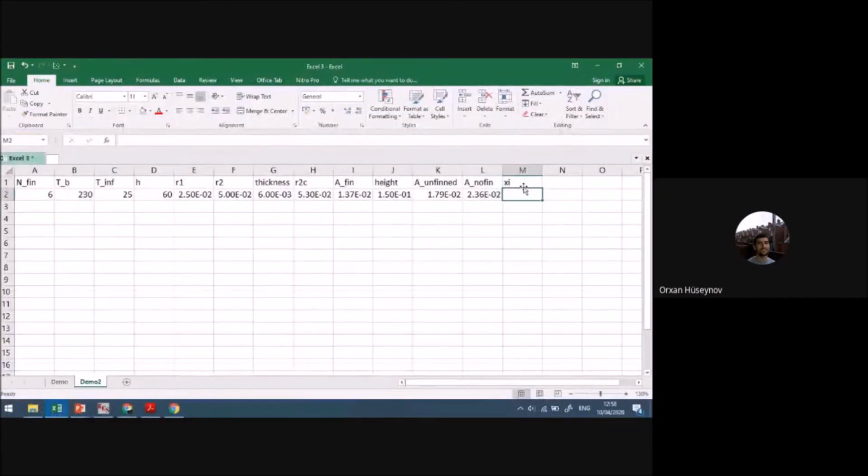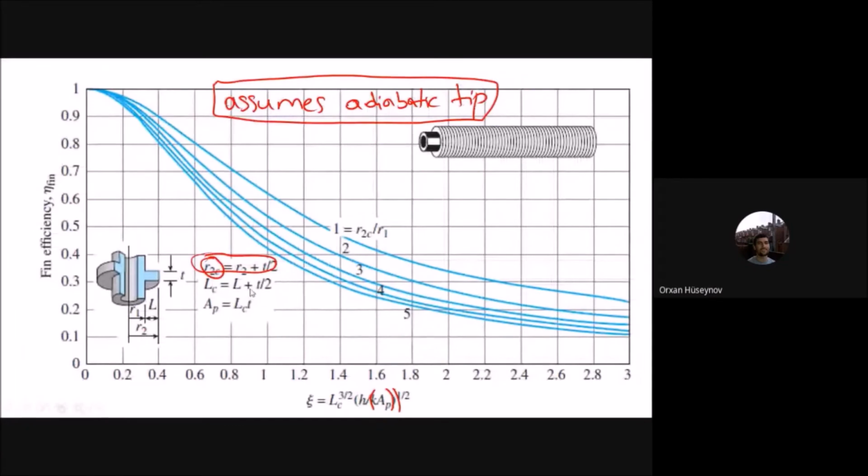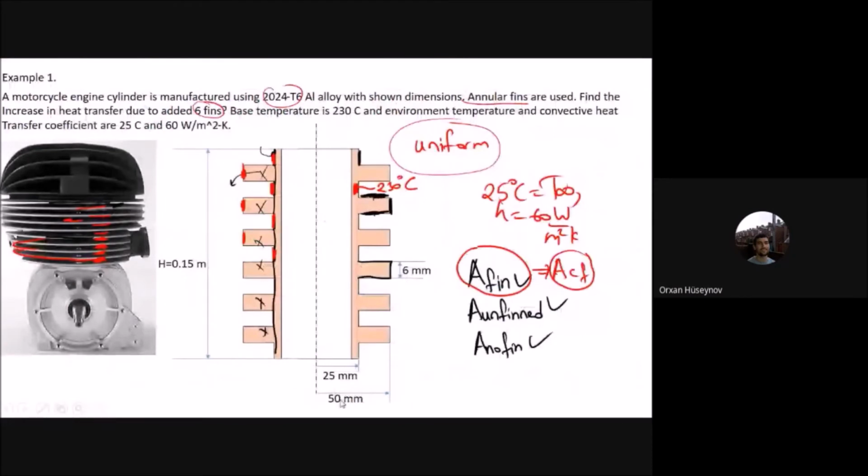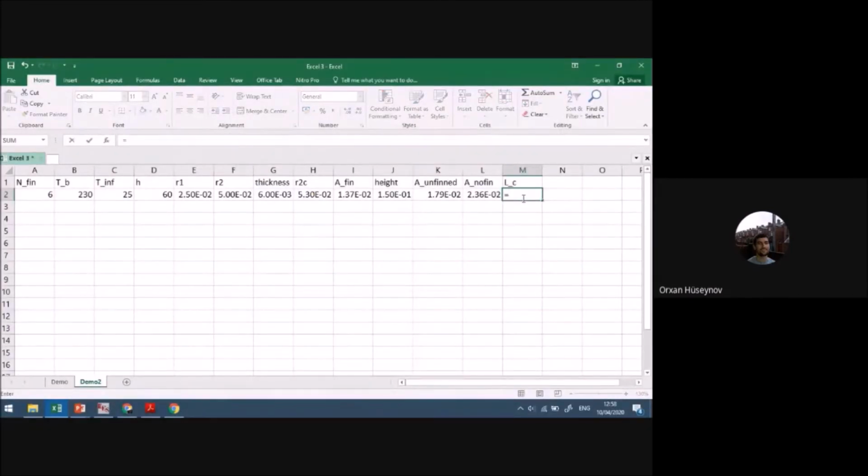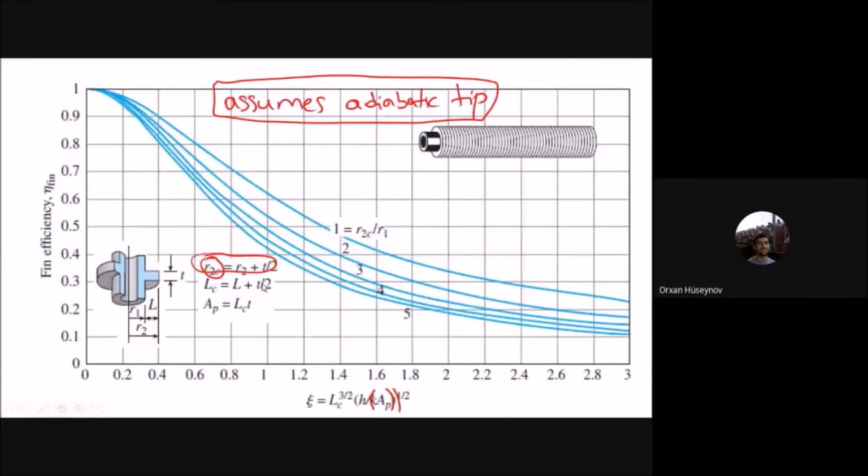So psi will equal, firstly, LC, the corrected length. The corrected length is L plus t by 2. In our case, that is 50 minus 25, which gives this part, 25. So it will be R2 minus R1 plus thickness by 2.